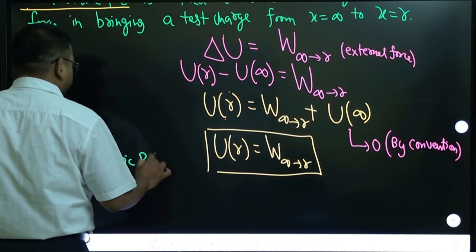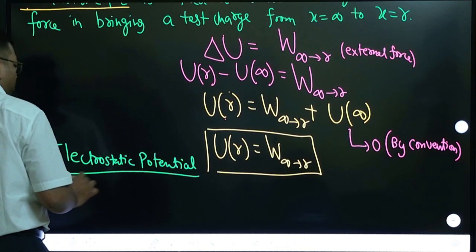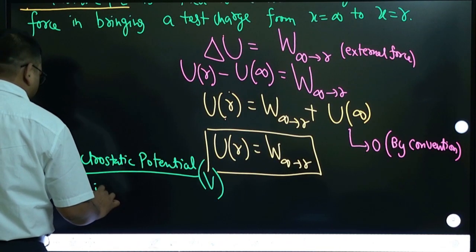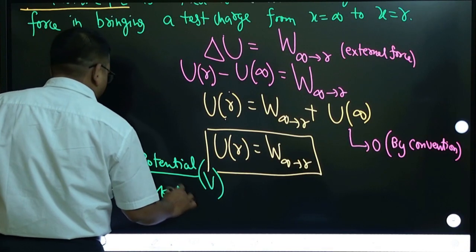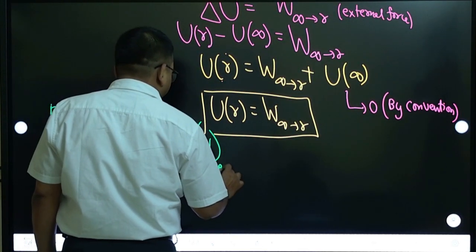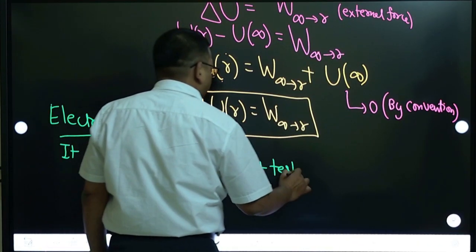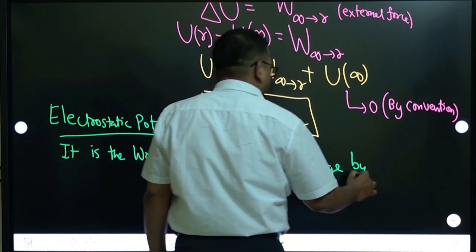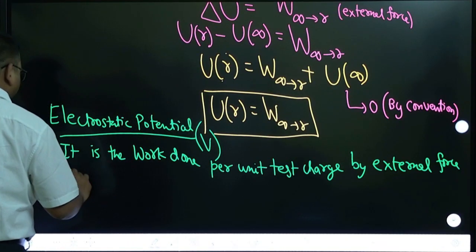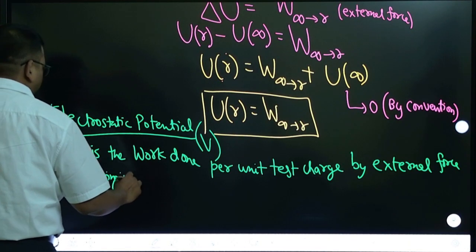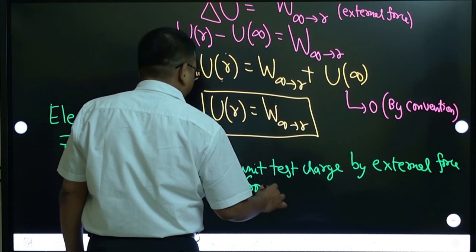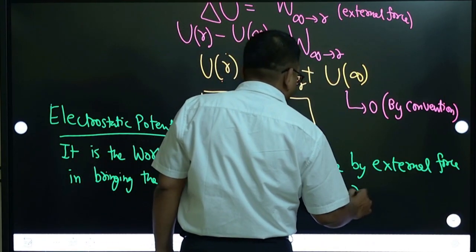Electrostatic potential, represented by the symbol V, is the work done per unit test charge by external force in bringing the test charge from x is equal to infinity to x is equal to r.